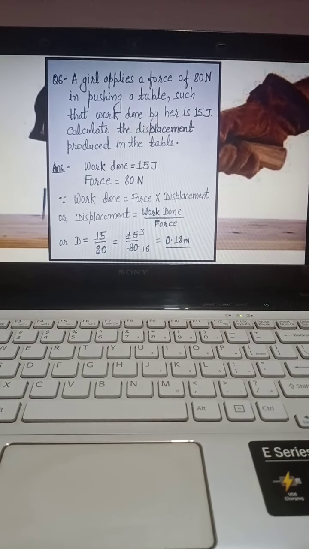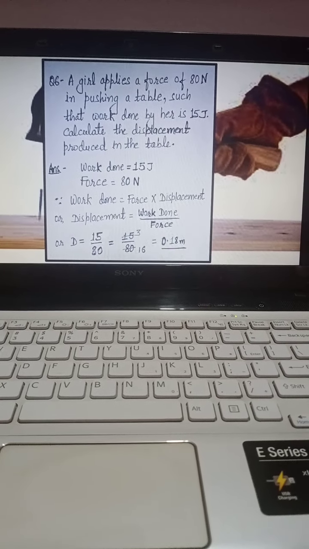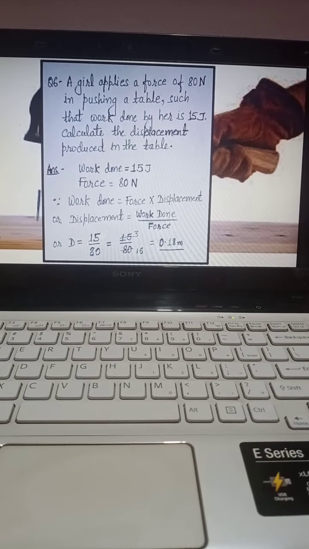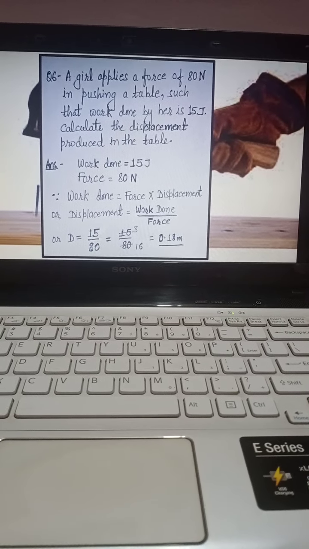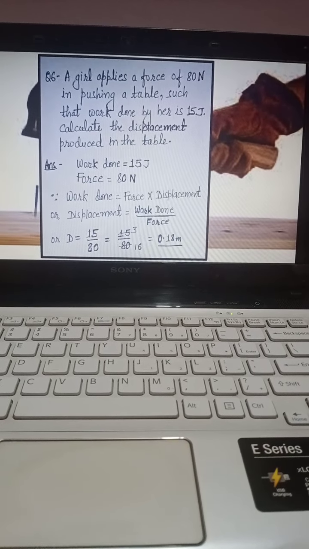So next, question number 6. A girl applied a force of 80 Newton in pushing a table such that work done by her is 15 joule. Calculate the displacement produced in the table.